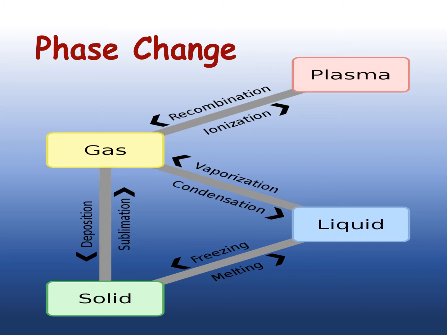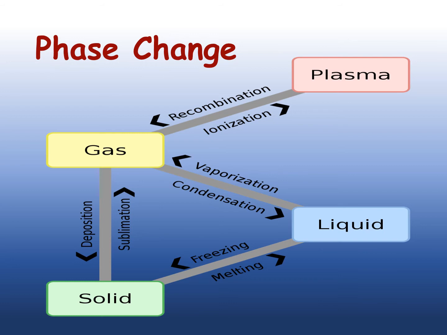So if we go from one state with a low amount of energy to a state with a higher amount of energy, that means that we are adding energy to that matter. On the other hand, if we go from one state with a high amount of energy to a state with a lower amount of energy, then that means we are removing energy from the matter.